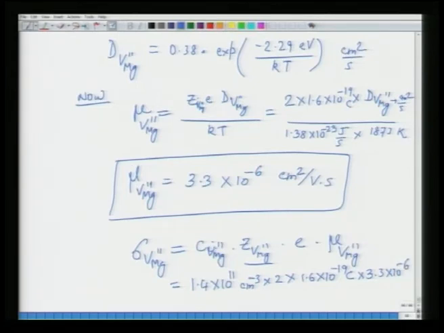If you calculate this, 1.4 into 2 is 2.8, and the result is approximately 10 to the power minus 13 ohm centimeter inverse. So, this is your ionic conductivity.